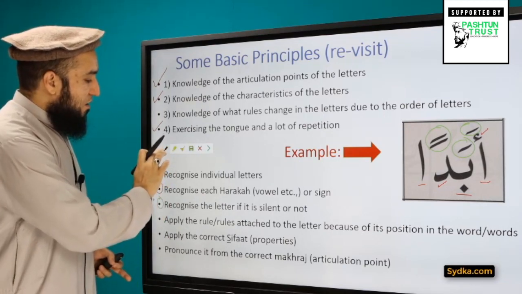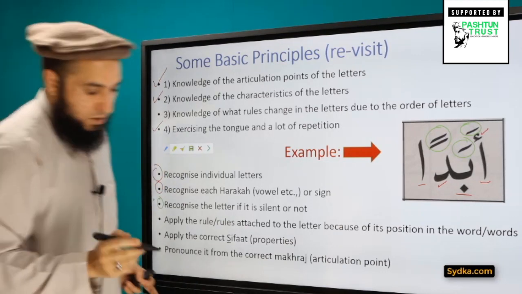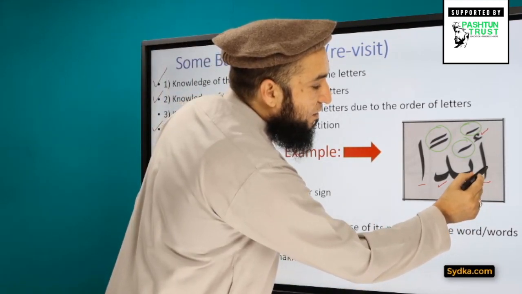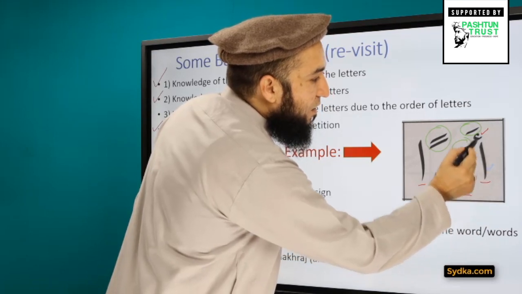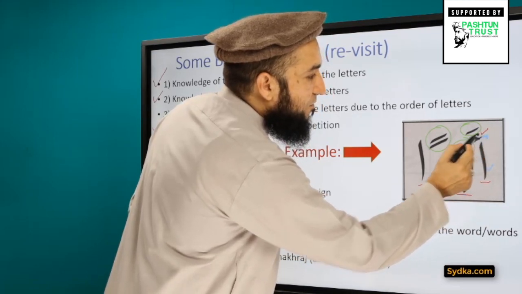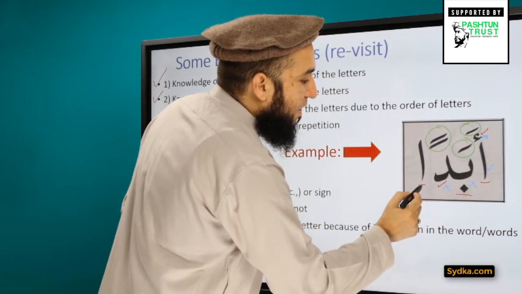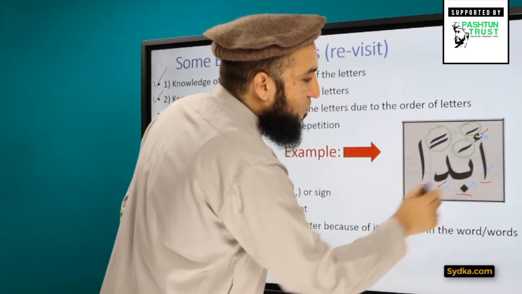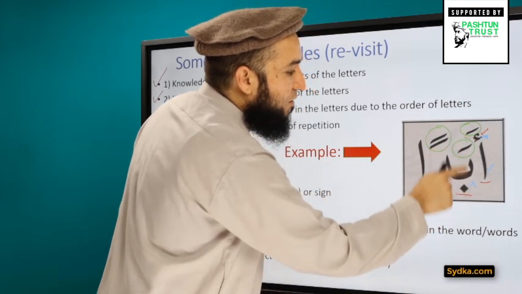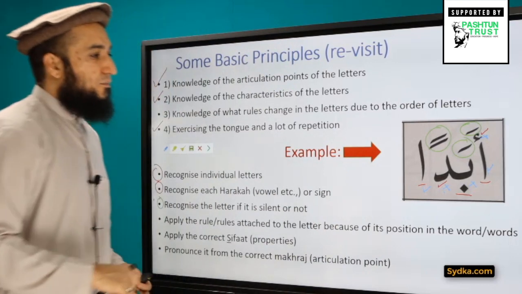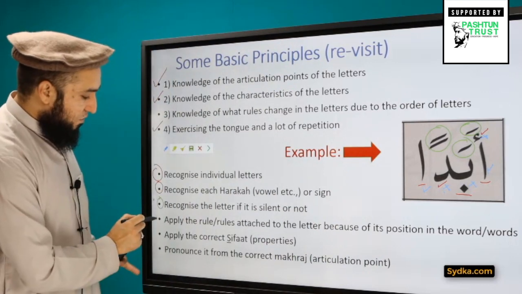Let's change the color. Okay, blue. So if you see here, alif is silent, hamza is not silent, ba is not silent, dal is not silent, and alif is silent. So we recognize those ones.